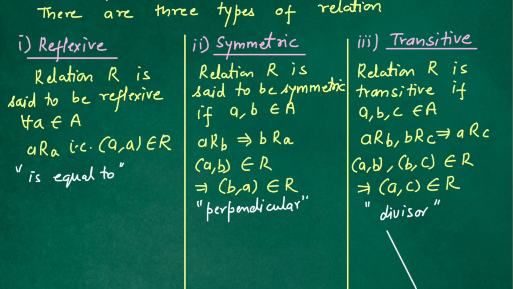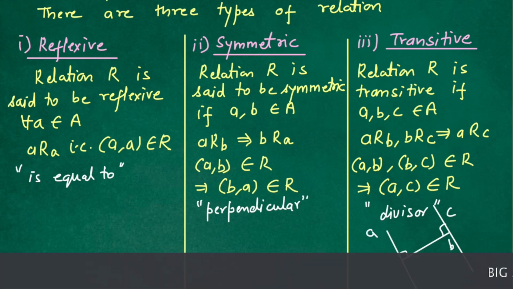A is perpendicular to B. This is line A and this is line B. So here we can see A is perpendicular to B and I am saying B is perpendicular to C. So this line is C. We can see here B is perpendicular to C, but here A is not perpendicular to C. A is parallel to C. So perpendicularity is not a transitive relation.